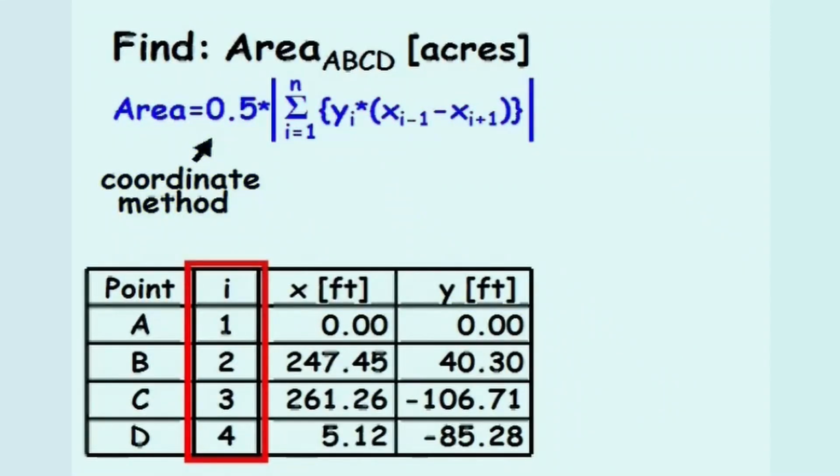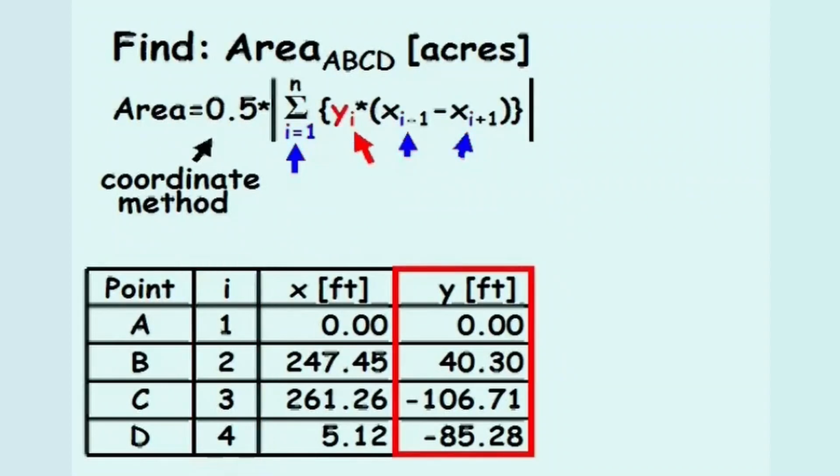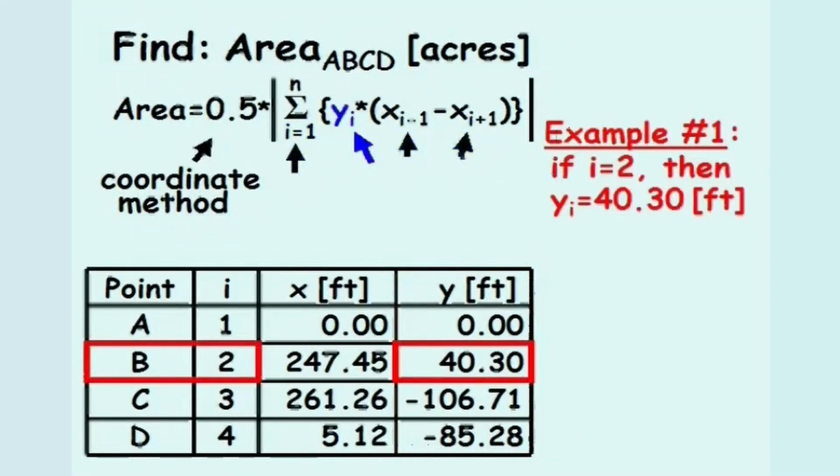Variable i corresponds to the iteration in the summation. To avoid confusion, the term y sub i refers to the y-coordinate of the point whose value is i. For example, if i equals 2, then y sub 2 equals 40.30 feet, as shown in the data table.